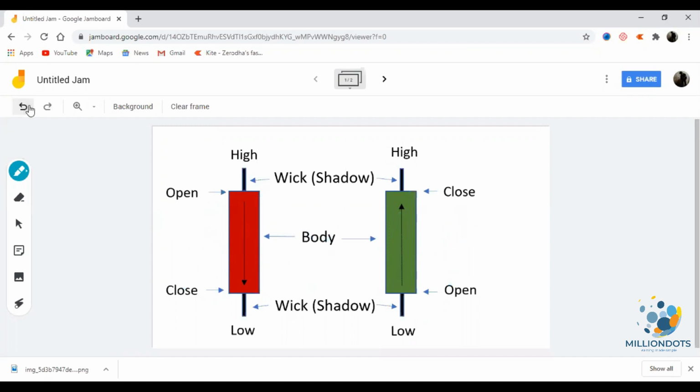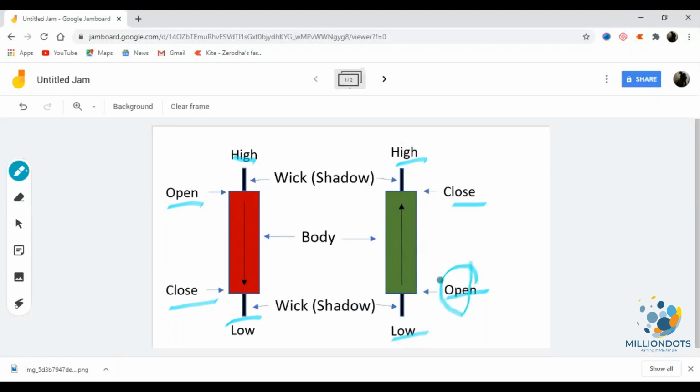So we have some points to be discussed regarding the candlestick in specific. The green candle has an open, close, high, and low, as does the red candle. Let me speak about the green candle first.